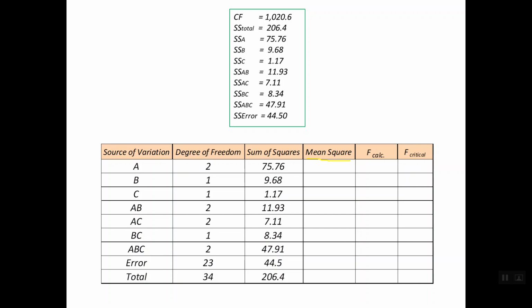For example, for factor A, how to calculate for the mean square for the factor A, we simply divide the value of the SS for this factor by the degree of freedom for factor A. So this is the way how to calculate for the MS or the mean square.